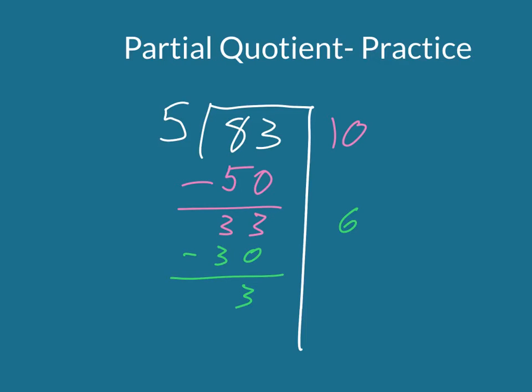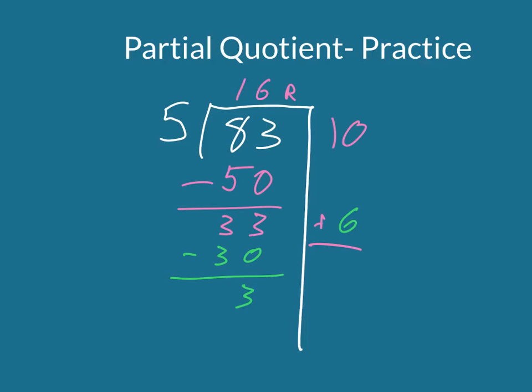I can't go any further because I can't take 5 minus 3. It doesn't work. That is my remainder. So my answer happens to be 16 again, and I have a remainder now of 3.